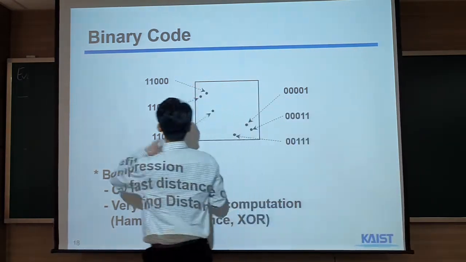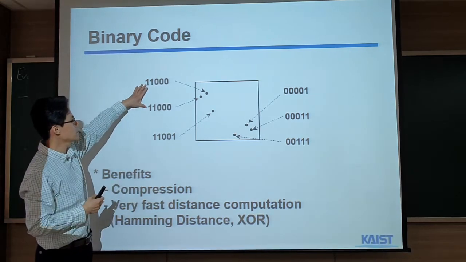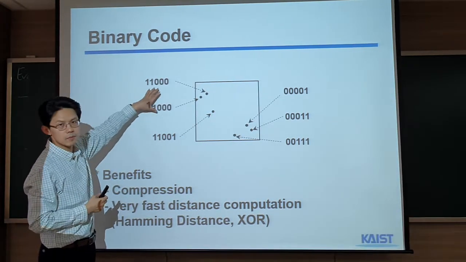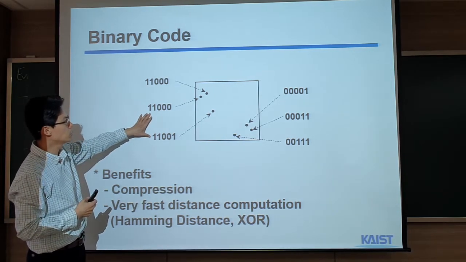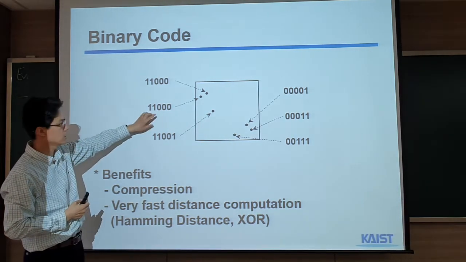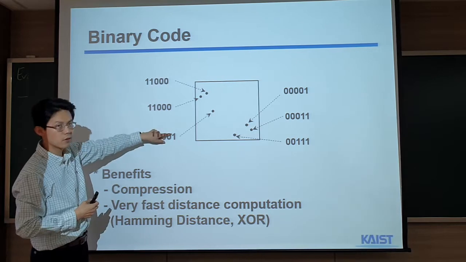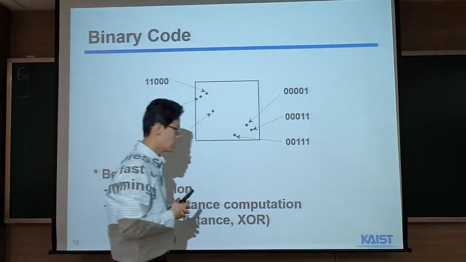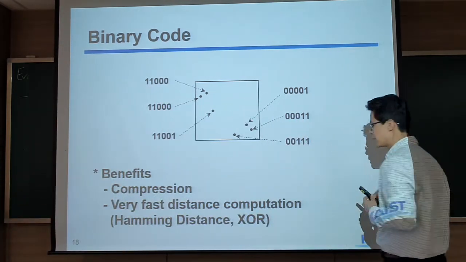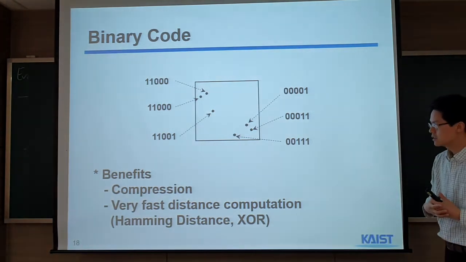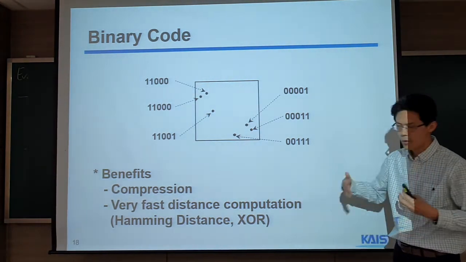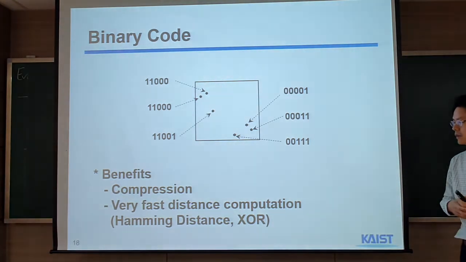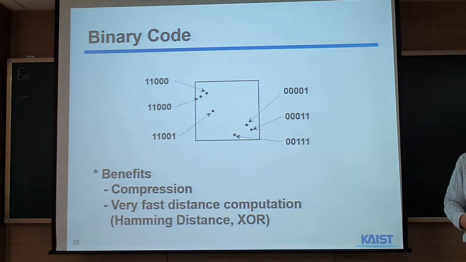In this case, their Hamming distance is 0, since they have the same bit code, right? But here we have only one Hamming distance, since there is only one bit difference, right? And this Hamming distance can be computed by built-in intrinsic bit operations, like the XOR operation, which recent hardware has extremely optimized.